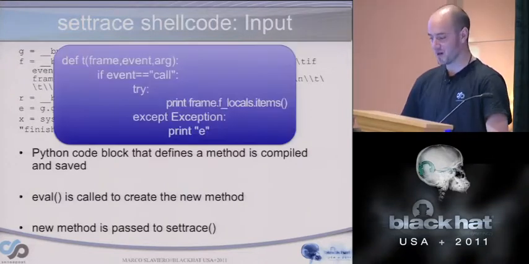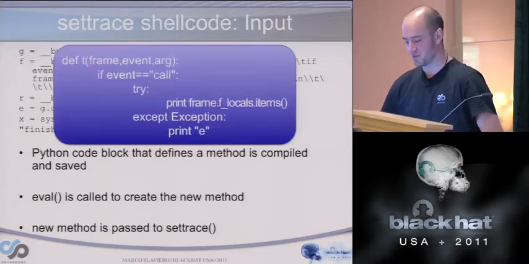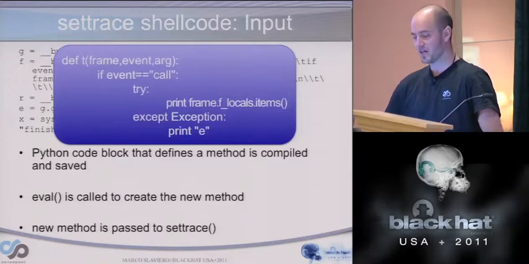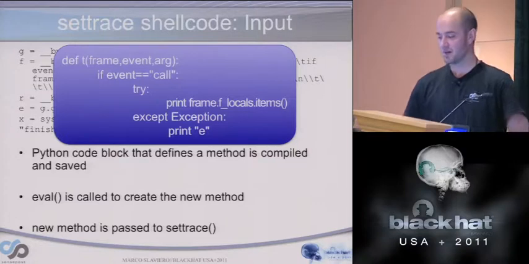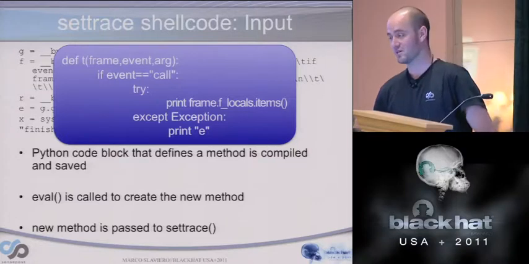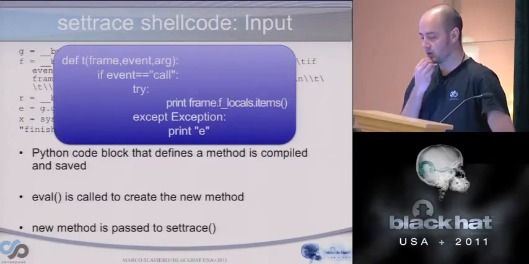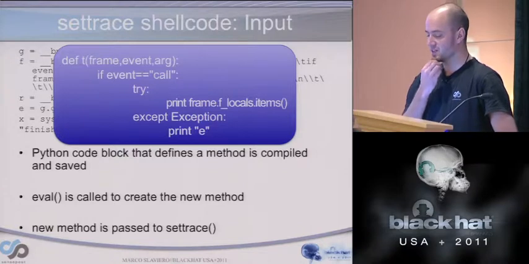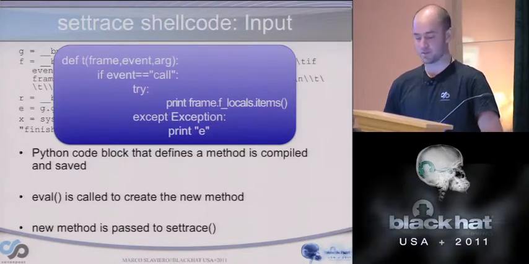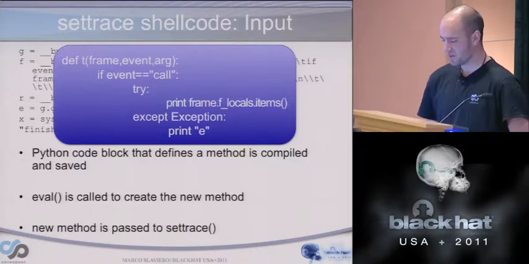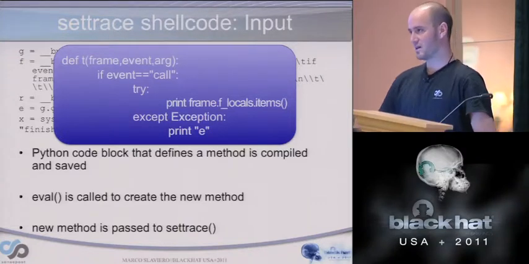So our program, this is one trivial example of what is possible. We can inject a function that gets called every time there is a call event, in other words, every time a method is entered. And all our code does here is print out the local variables for that function. But that's quite a toy example.